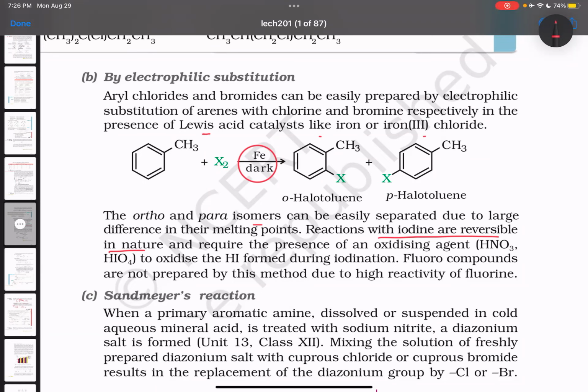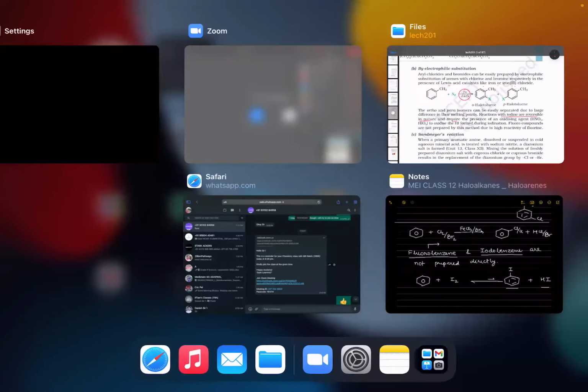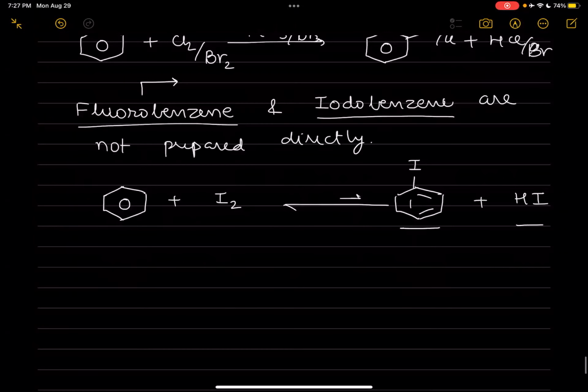Suppose someone says no, do the iodination directly, you need to forcefully push the reaction in the forward direction. And how do you push a reversible reaction in the forward direction? What's the way? Anushka, tell me. Sir, we can do it in the presence of HNO3. Yeah.